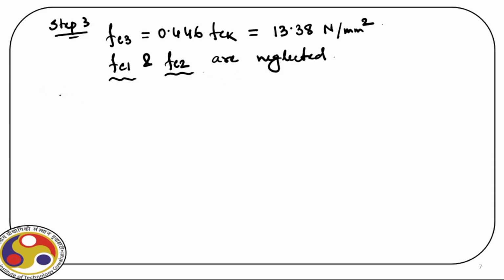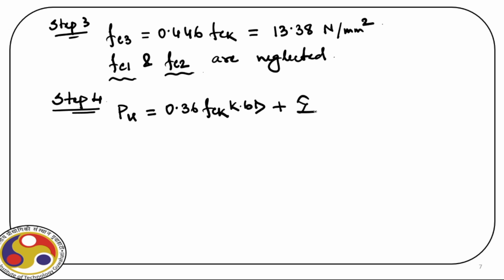Okay, so now step 4, we have to find out the axial capacity, and for that, if you recall the expression, 0.36 fck k times bD plus summation i equal to 1 to n (fSi minus fCi) times ASi.